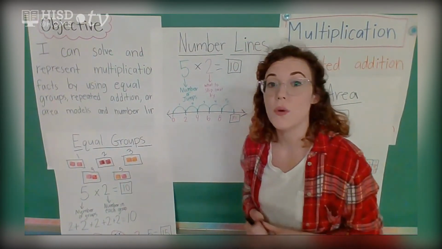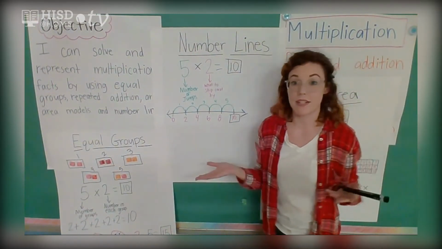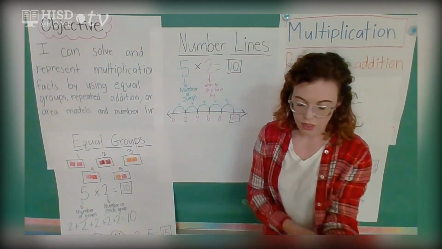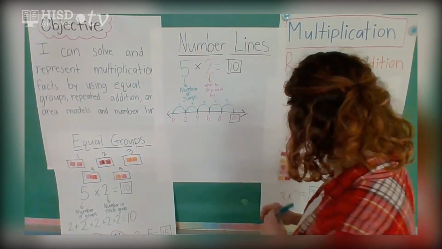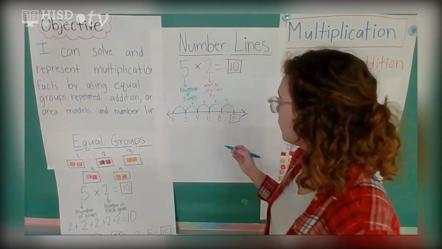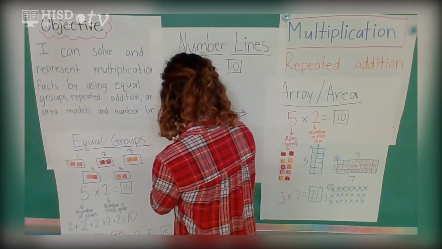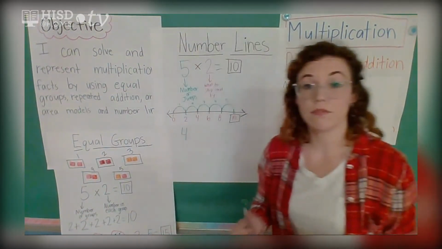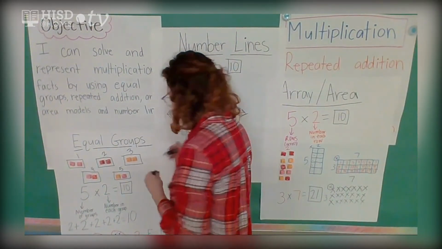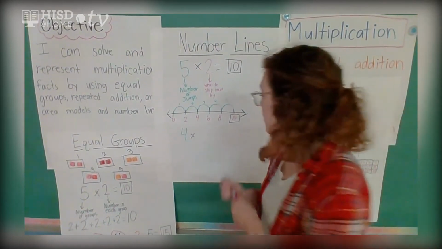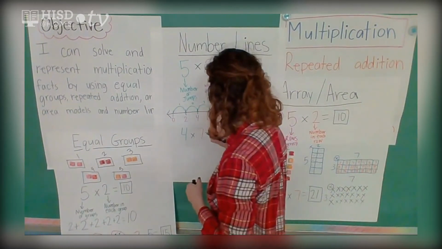Now, let's try and do a problem with a number line that we haven't done yet. Let's try a new thing. Let's do 4 times 7. 4 times 7 equals blank.